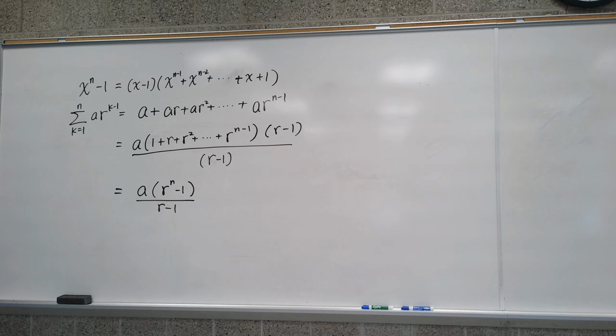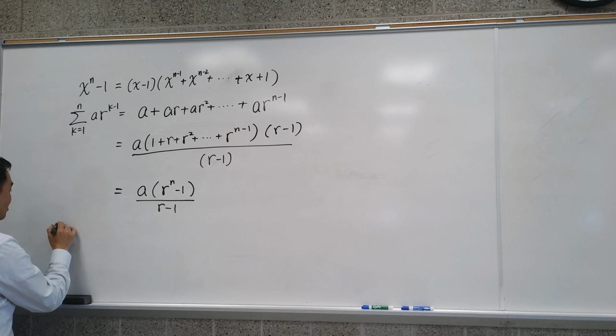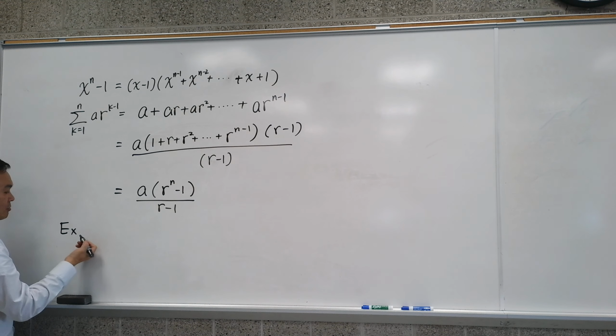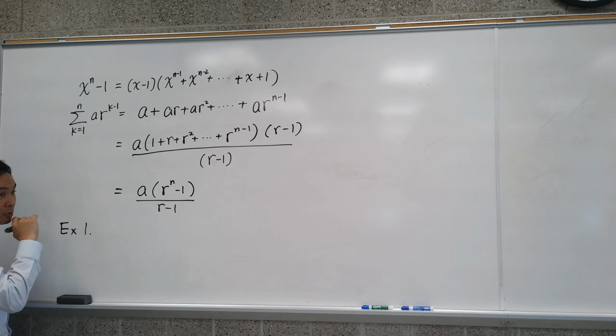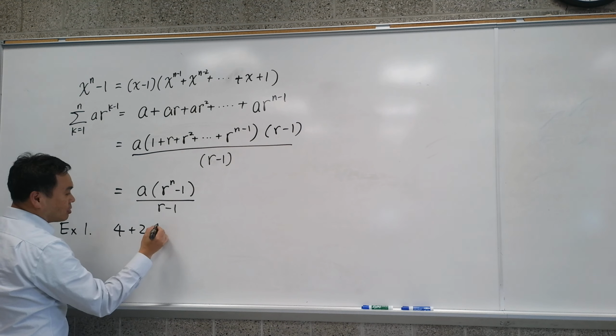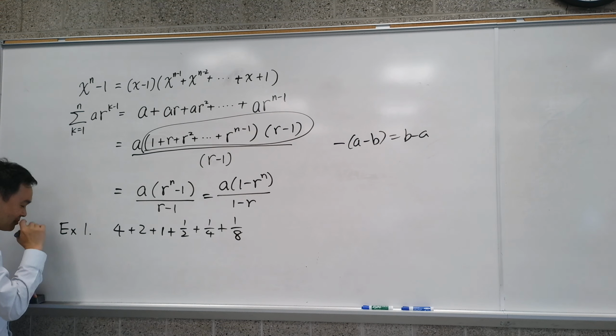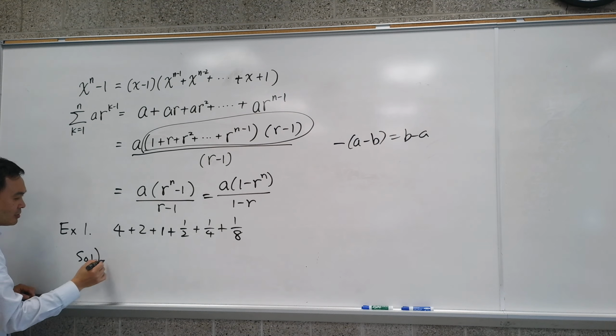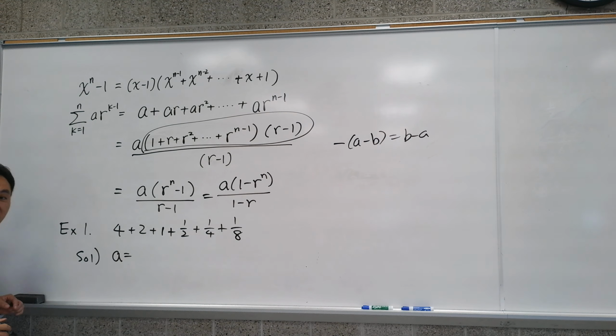Okay? Now, let's try to use this formula for the previous sequence that I've introduced. So example 1, let's say you have 4 plus 2 plus 1/2. So, what's a? A is the initial term, right? 4.